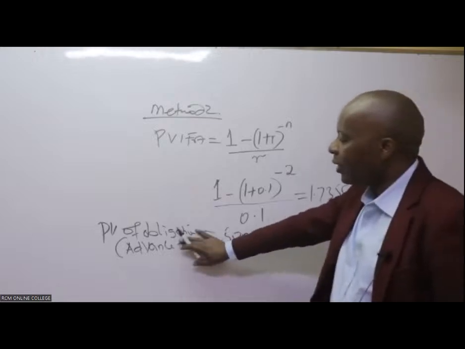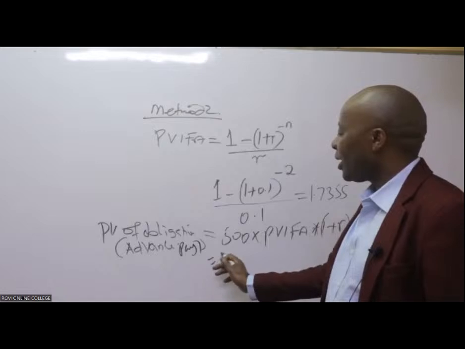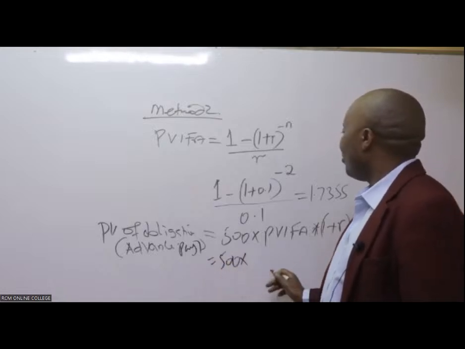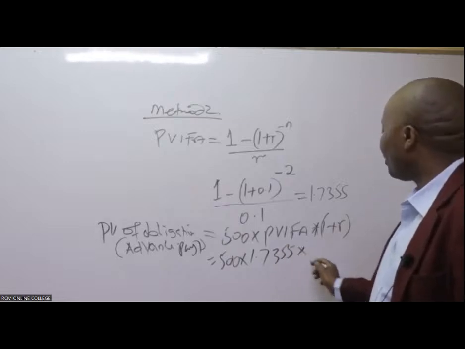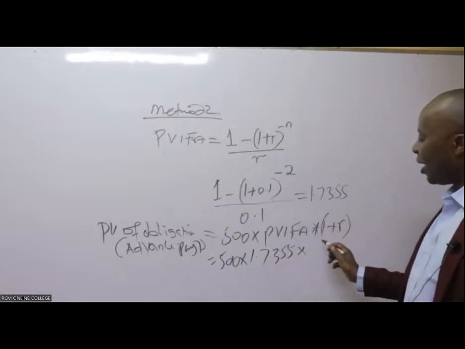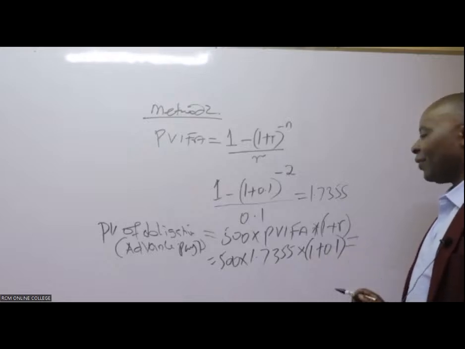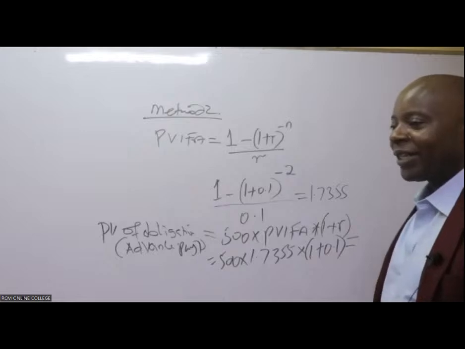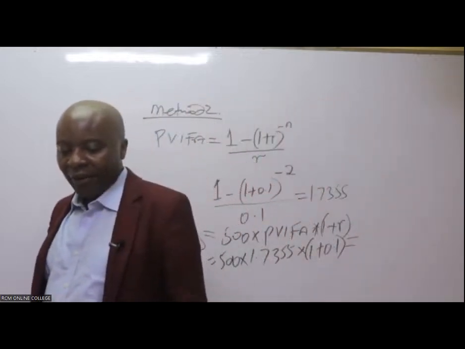So in this case, we shall have 500 multiplied by this PVFA, which is 1.7355, multiplied by 1 plus R. So abracadabra, there is something I want us to derive. Shall we be able to get the same answer like the one we got of 954 point something?